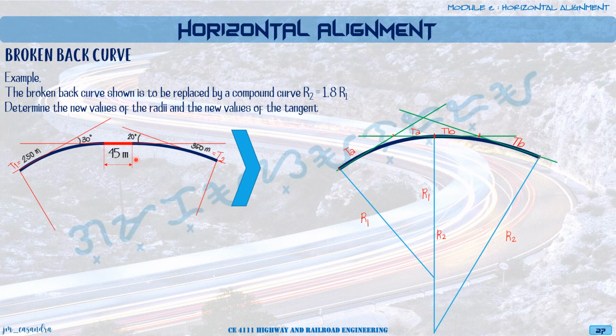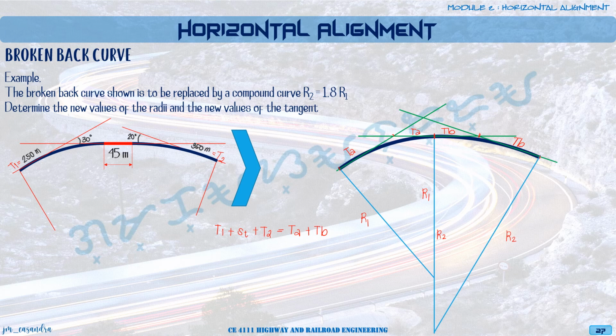Okay? But before that, we know that the distance between the vertices of our compound curve and the vertex of the broken back curve will be equal. Okay? So in that case, we now write T1 plus our short tangent plus T2 is now equal to TA plus TB.